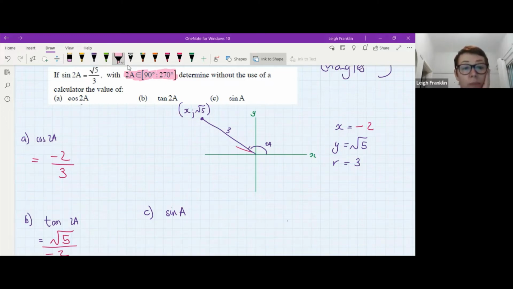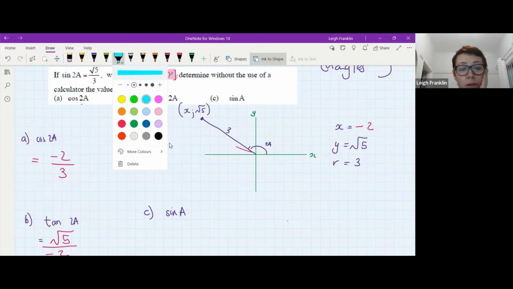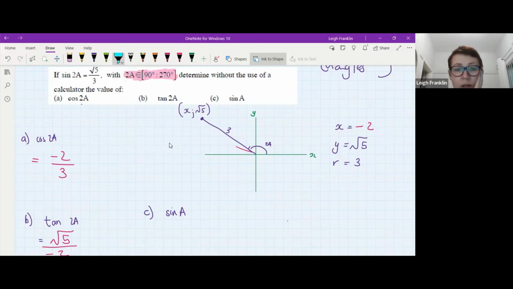Which is what Canicelia just pointed out to me, and the whole purpose of us doing this question. Exactly, it's not a double angle. So here they want us to work in terms of sine A, but here we were working in terms of 2a. Our angle is 2a. Yeah, exactly. It's not a double angle.